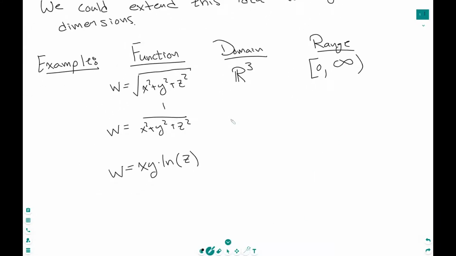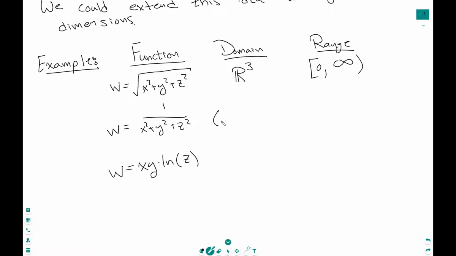Okay, so now for our second function, we have 1 over x squared plus y squared plus z squared. I can't have the denominator be 0, right? So if x squared plus y squared plus z squared is 0, then I would need all 3 of those coordinates to be 0.